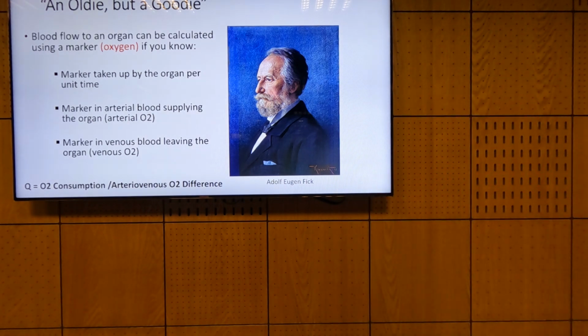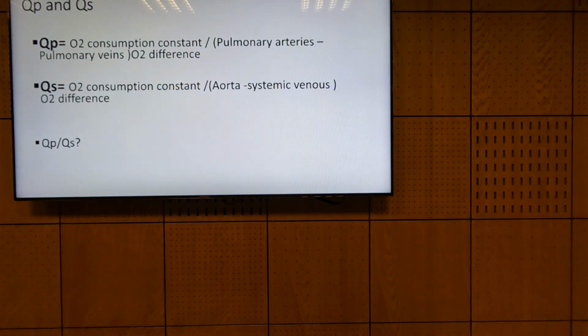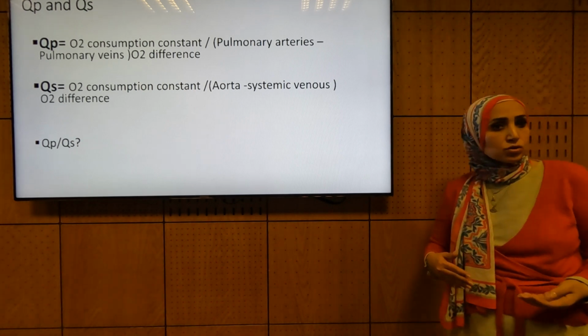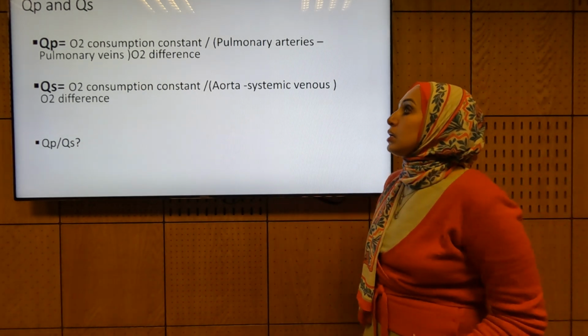So here comes the idea of this traceable material. What is the beginning of the pulmonary circulation? It begins with the pulmonary artery. It ends with the pulmonary veins. It's easy. The blood goes through the pulmonary artery and comes back in the pulmonary veins.